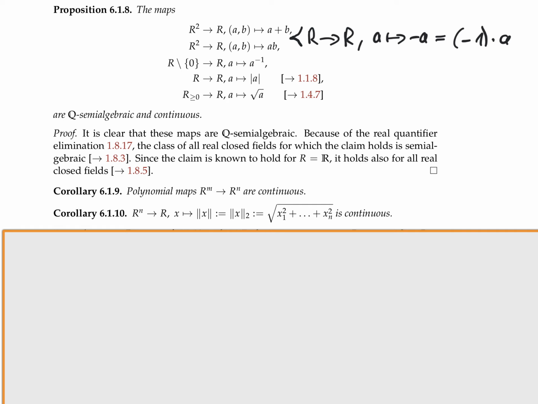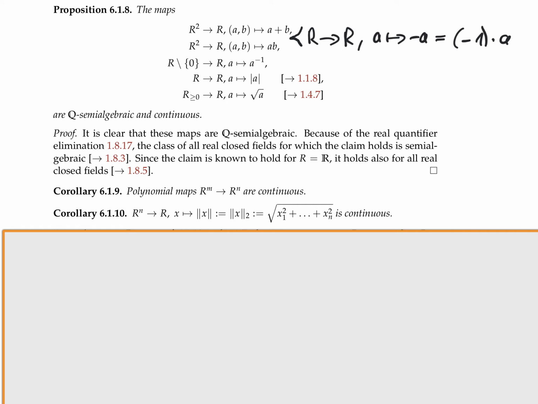So another corollary is that I could take the polynomial map x maps to the sum of the x_i squared. That's a polynomial map, so it's continuous. And I can compose it with the square root map.